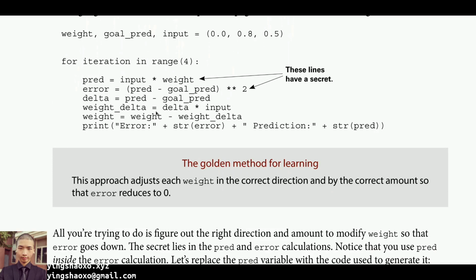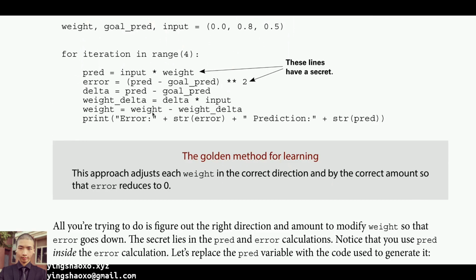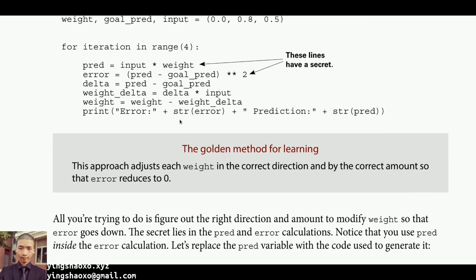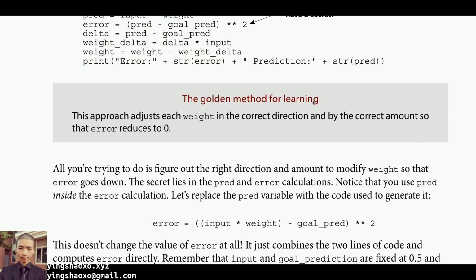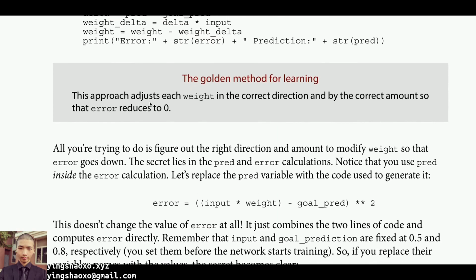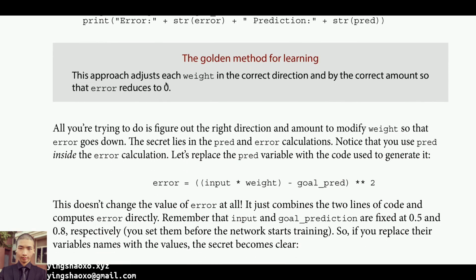Weight delta equal to delta times the input. The weight equal to the weight minus the weight delta. Yeah, in this way we still can have the error value and also change the weight. The golden method for learning. The approach adjusts each weight in the correct direction and by the correct amount so that error reduces to 0.